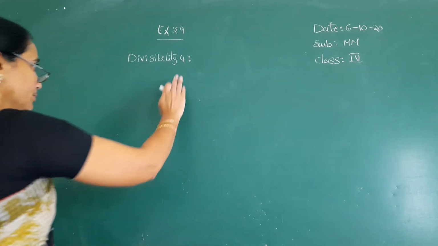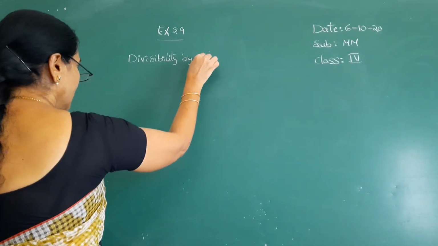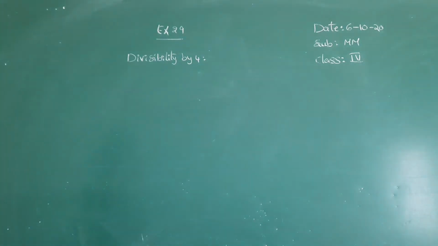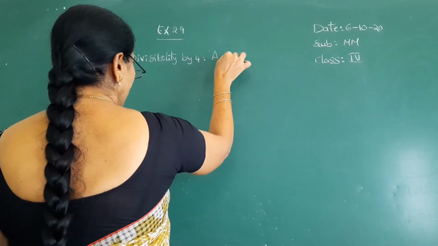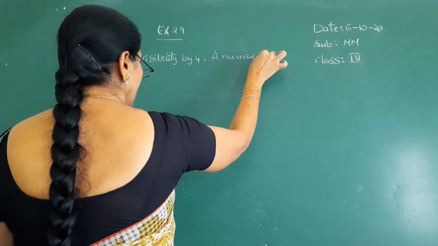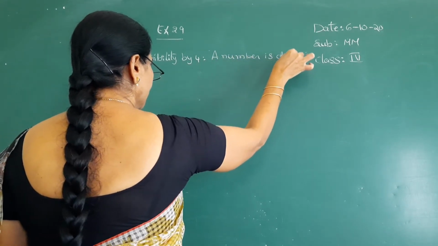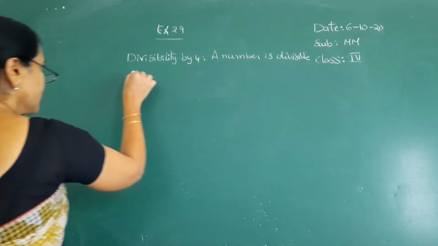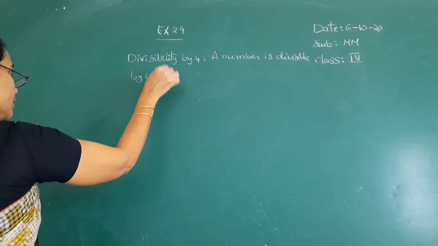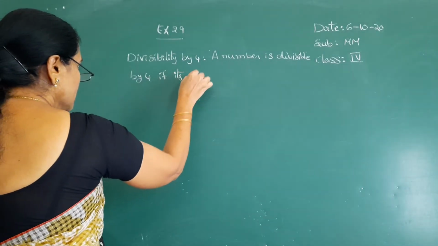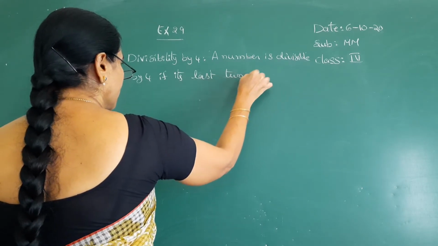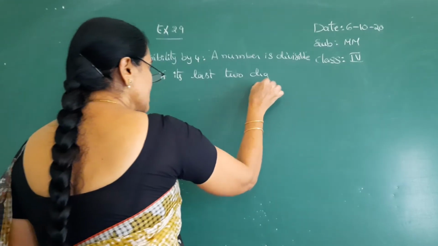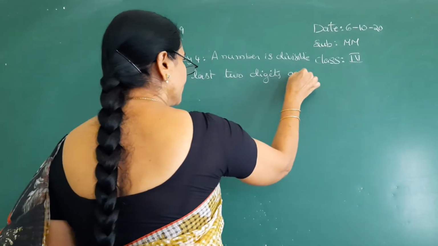You have to check, by using the divisibility rules, whether the number is divisible by 4 or not.